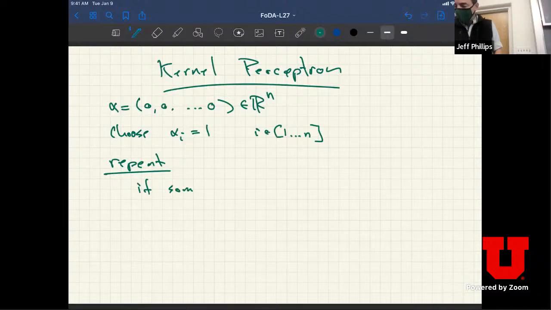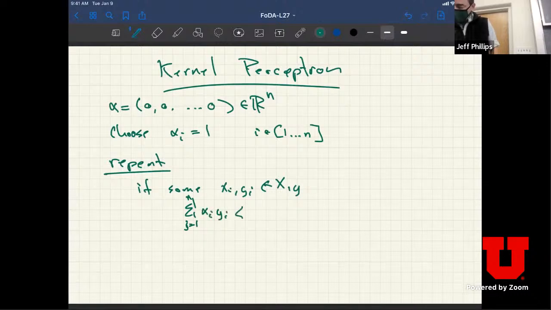If the sum over j equals 1 to n of alpha_j, y_j, inner product x_j, times x_i, okay, x_i is the one in the data set, j is what this function is over.